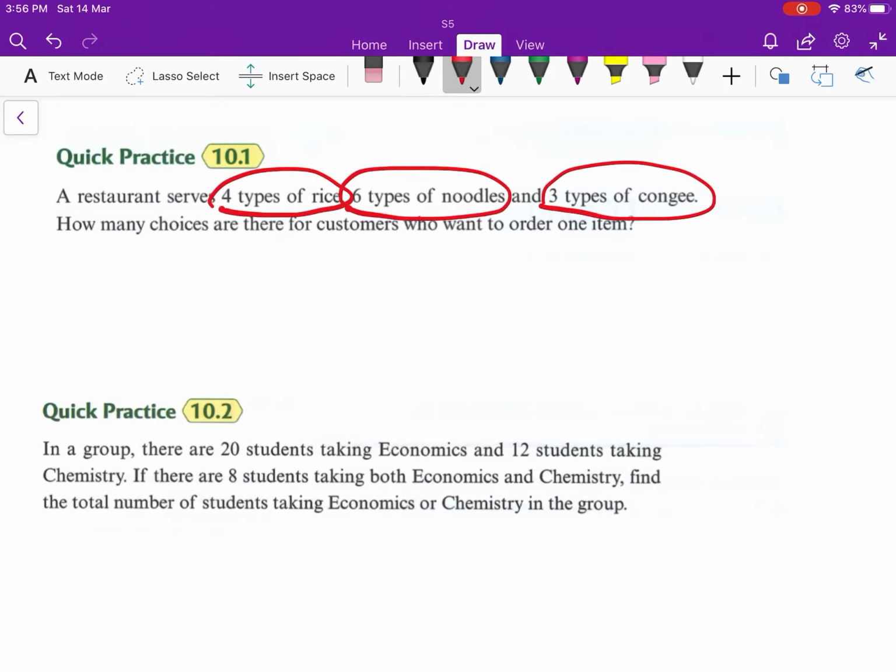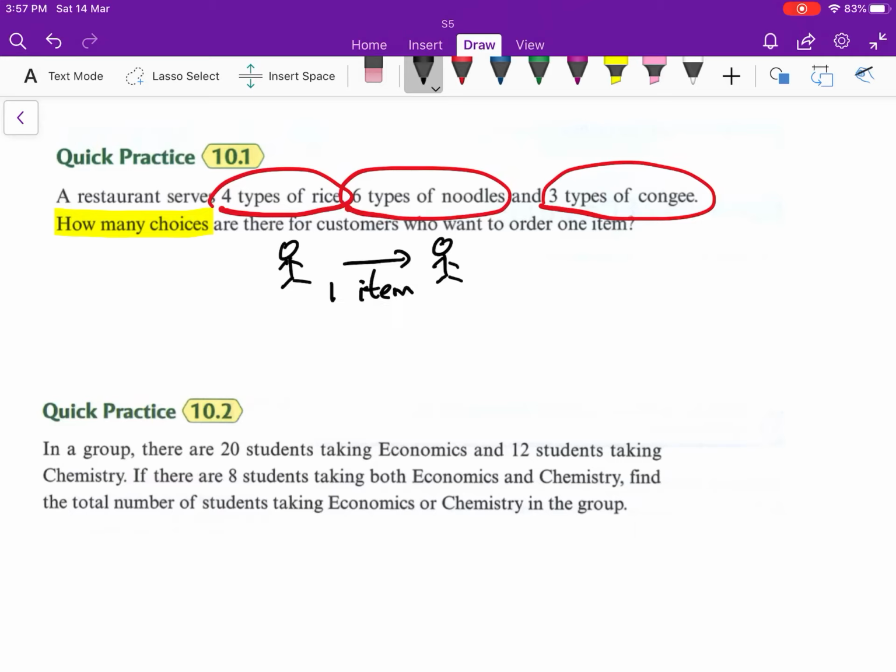Quick practice 10.1. If a restaurant serves 4 types of rice, 6 types of noodles, 3 types of congee. One person, when you go in, will definitely only order one main course, right? Either rice, noodles, or congee. You won't order all of them. So they are asking how many choices you will have.